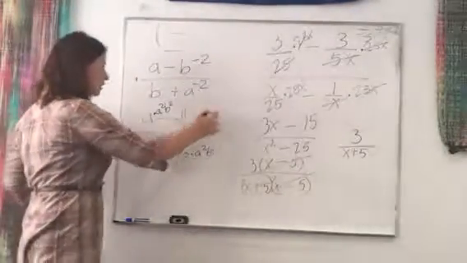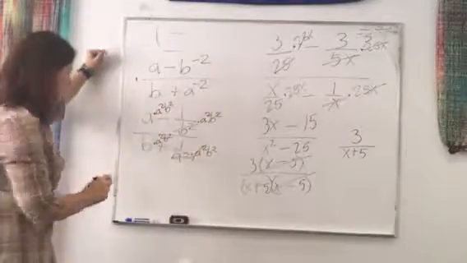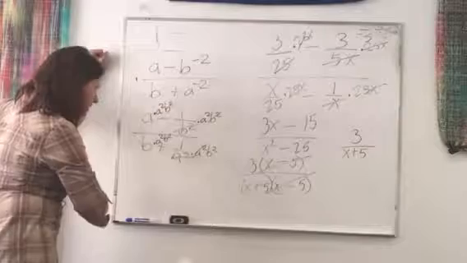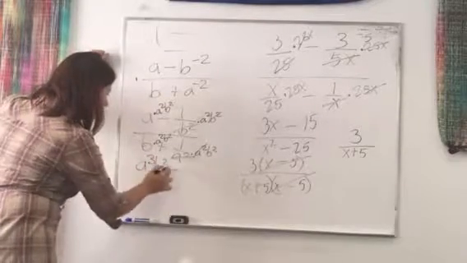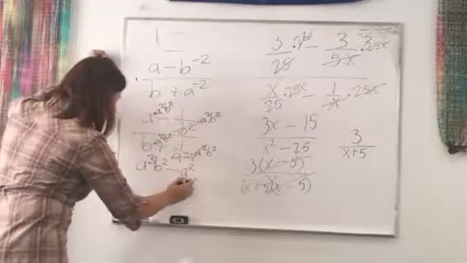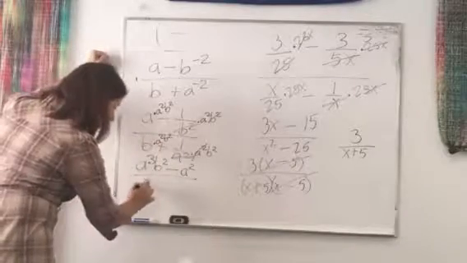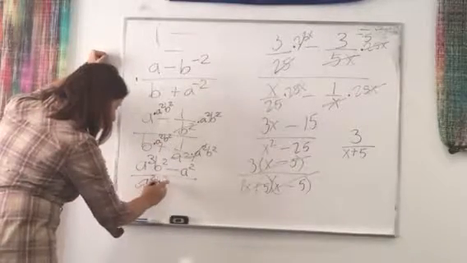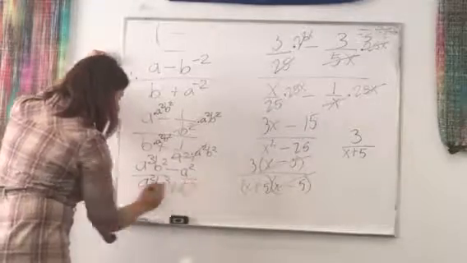So b squared cancels out b squared, and a squared cancels out a squared. So a times a squared b squared, that would be a cubed b squared minus, well, 1 times a squared is a squared, over b times a squared b squared is a squared b cubed plus b squared.